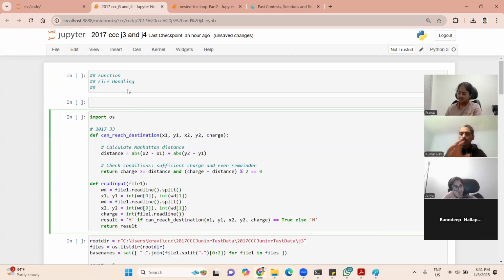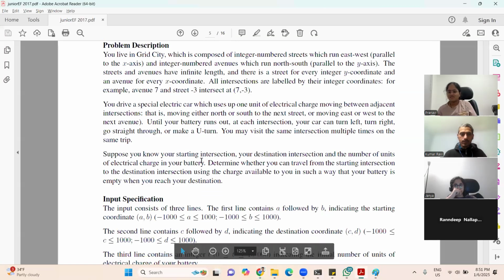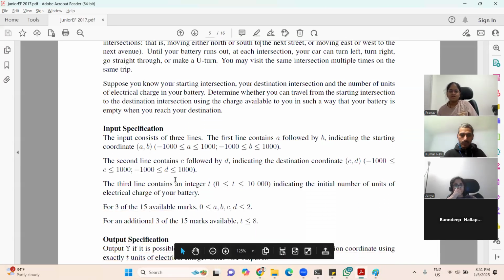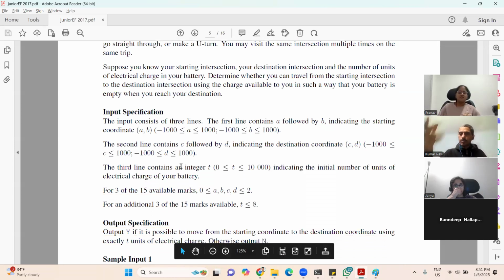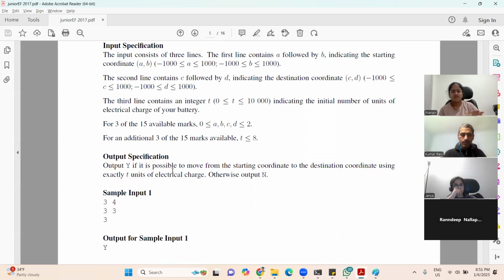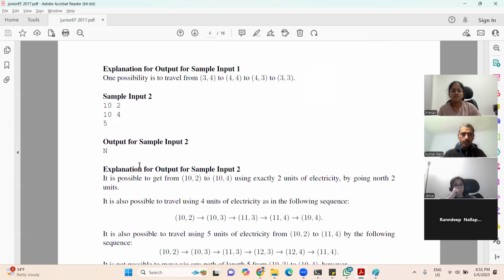To process on your laptop, you should know how to read the file and process it. But in the actual contest, they will not give this. They will give you only these two sample values, and once you submit the code, it will tell you how many test cases you pass. Only two samples they will give you.